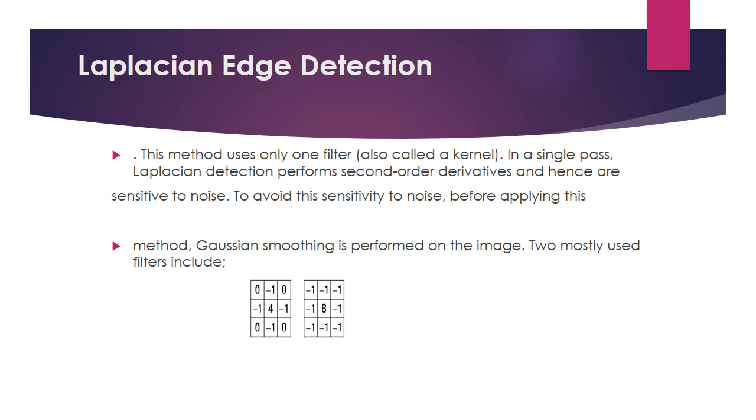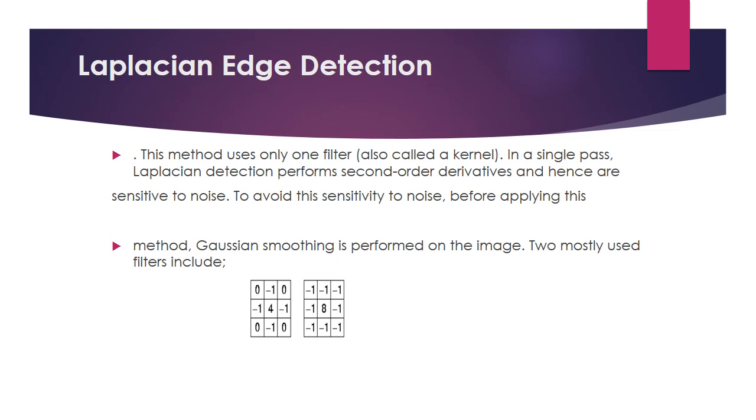In a sense, it applies Gaussian smoothing to avoid noise. It first does the Gaussian smoothing, which is an algorithm used to calm down the noise within the image detection.